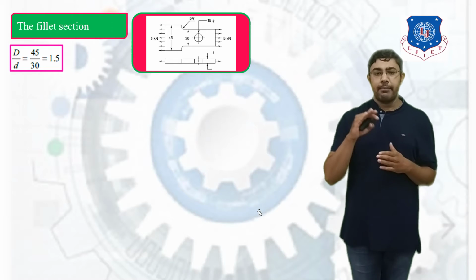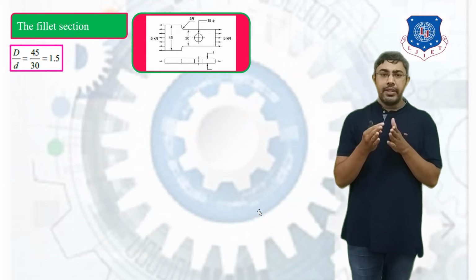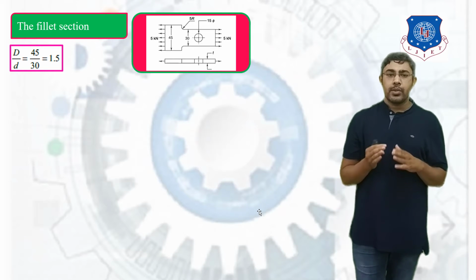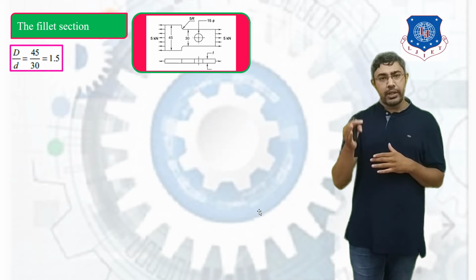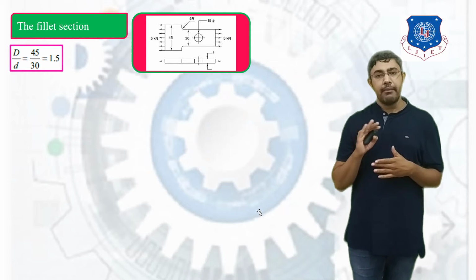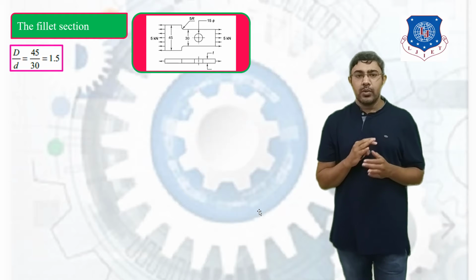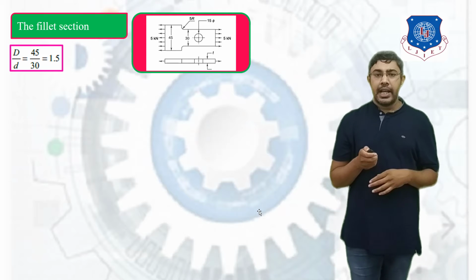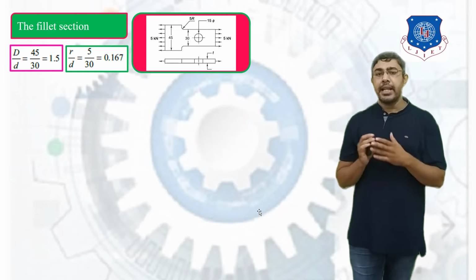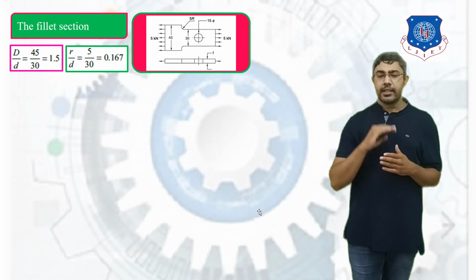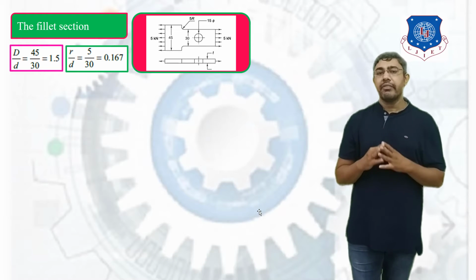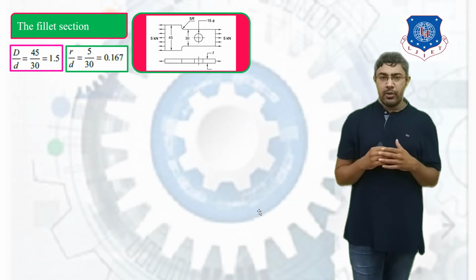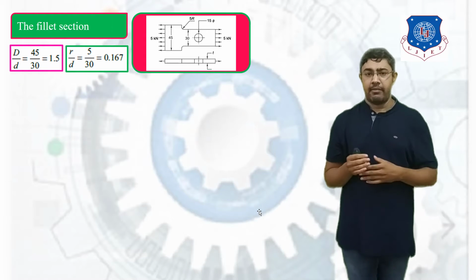Capital D is the larger width, 45 mm, and small d is the smaller width, 30 mm. So the D by d ratio is 1.5. We also need the small r by small d ratio. Small r is 5 mm and small d is 30, so r by d is 0.167.